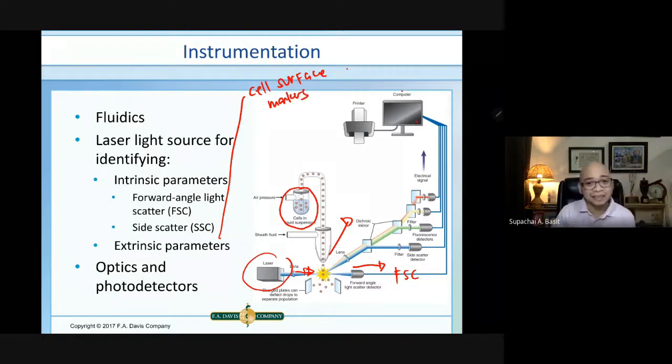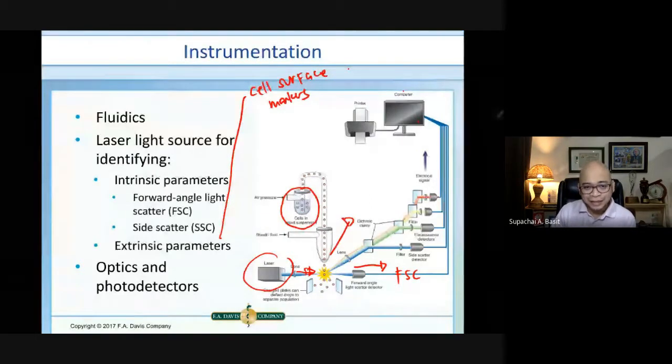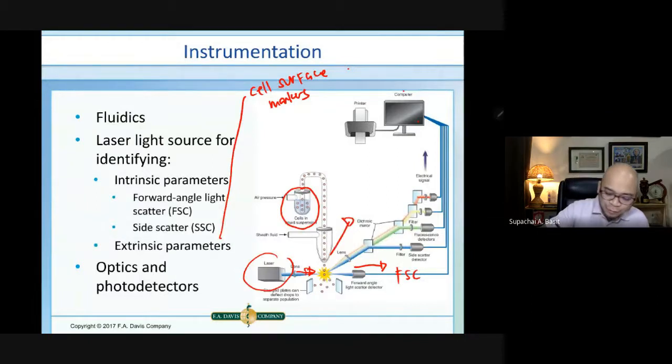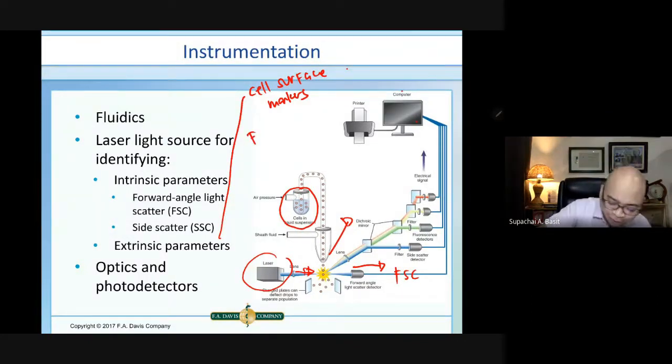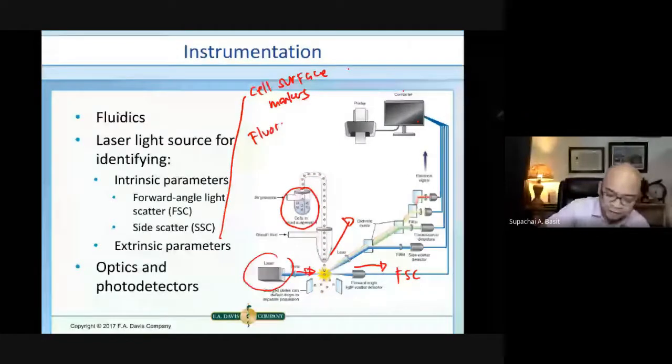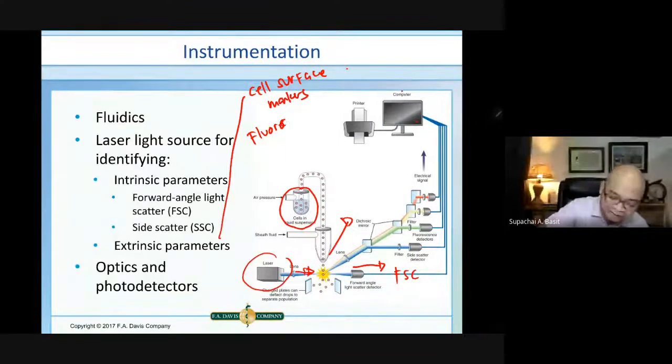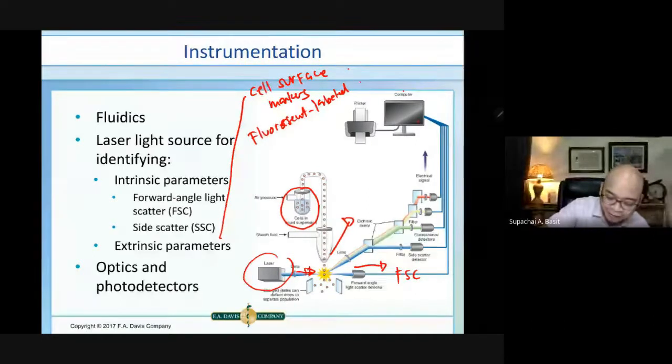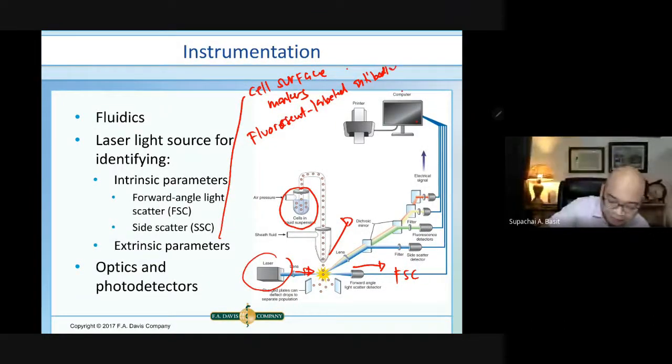And in order for these to be determined, we're using fluorochrome fluorescent labeled antibodies, which will be made part of the fluidics.